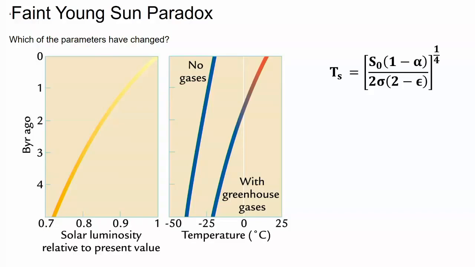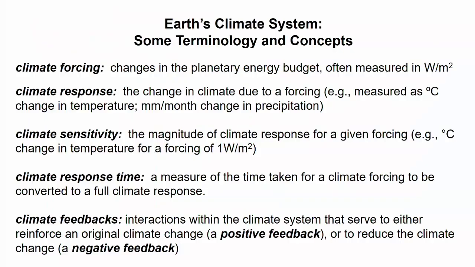So this is what we're going to be doing for a large part of the next few lectures: looking at records of past climate change, changes in temperature and other aspects of climate, and trying to explain them by looking at what has changed in the Earth system to cause those climate changes.